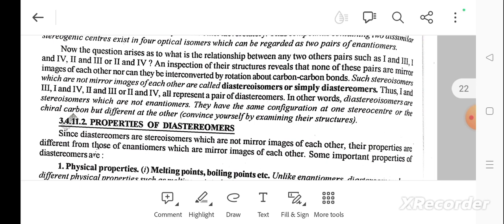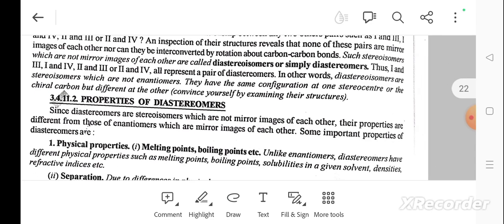An inspection of these structures reveals that none of these pairs are mirror images of each other, nor can they be interconverted by rotation about a carbon-carbon bond.